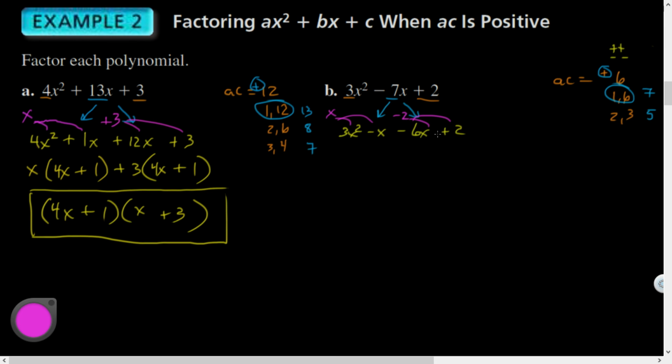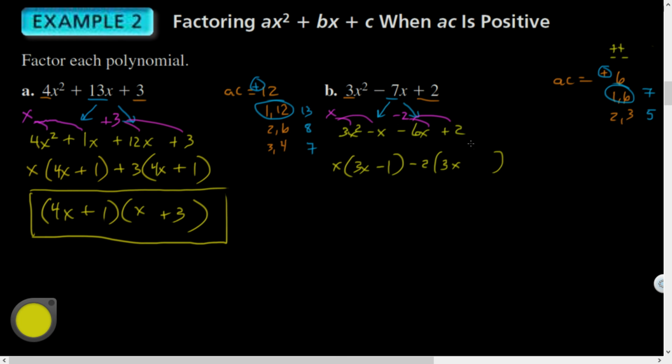All right, so I could steal a -2 from both of those. So I'll have x, oh, wrong color. Let's see, x times what is 3x squared? That would be 3x. X times what is -x? That's -1. And here I'm stealing a -2 out. So I take that sign with it no matter what. And -2 times 3 is -6, and I need the x.